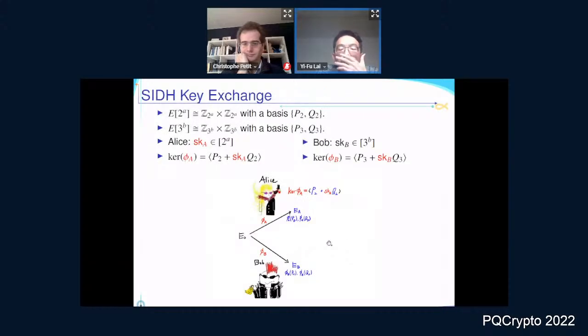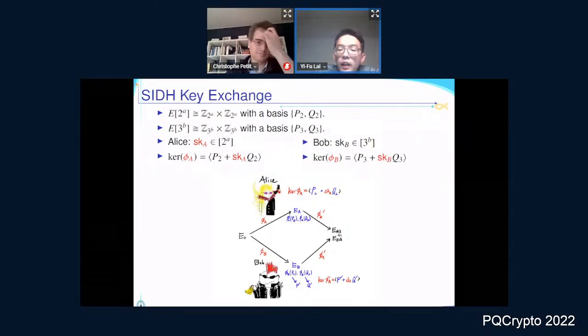So in the SIDH key exchange, Alice has her own public key, Bob has his own public key, and then they exchange the information. Here, Alice will compute an isogeny phi A prime with kernel P prime plus A Q prime, where P prime and Q prime are given by the public key from Bob.